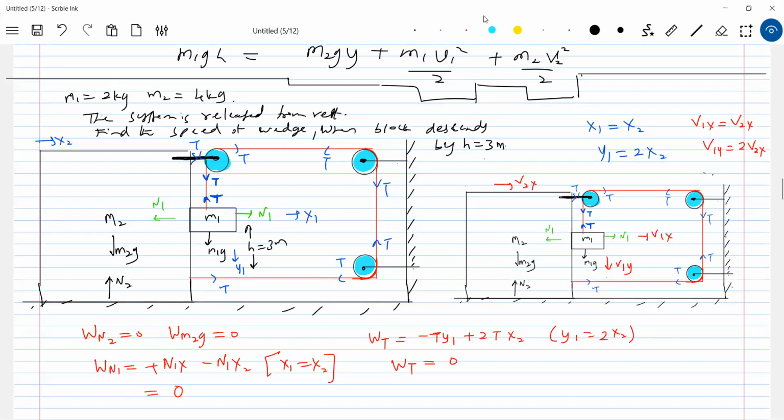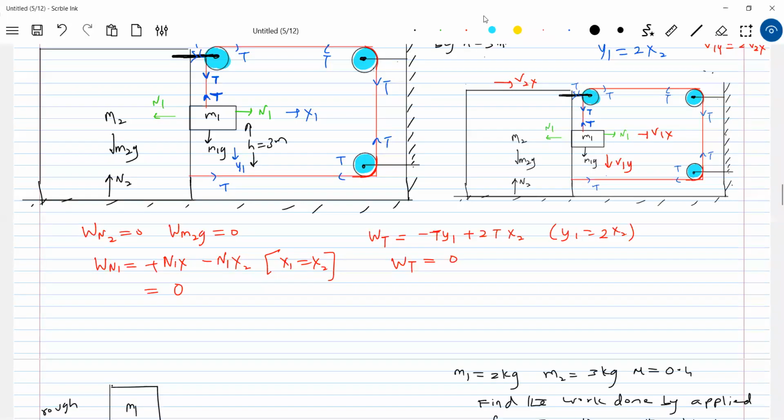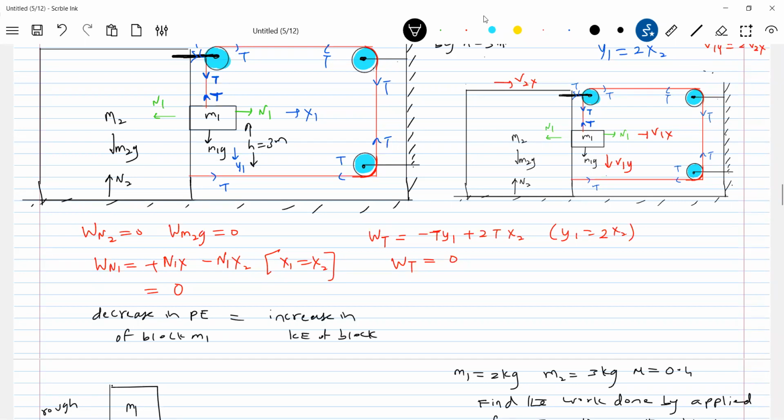So tell me, what is the only force doing work? The weight M1g. Can you apply conservation of mechanical energy? Yes. Decrease in potential energy of block M1 equals increase in kinetic energy of block and wedge.